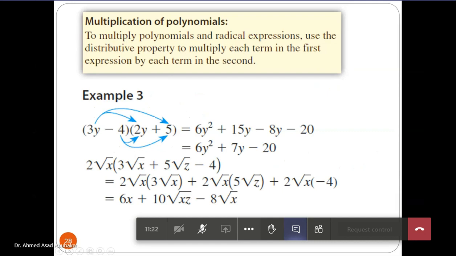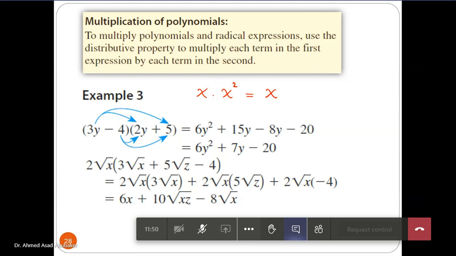In multiplication, we can multiply x with x squared, x with x, x with x to the power 3. We can, because, as in the last lecture, we can multiply x with x squared. How can we multiply x with x squared? We find it by adding the exponents together.